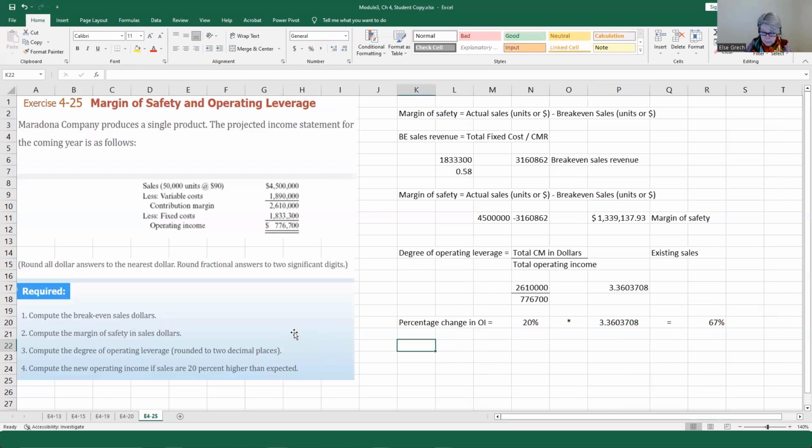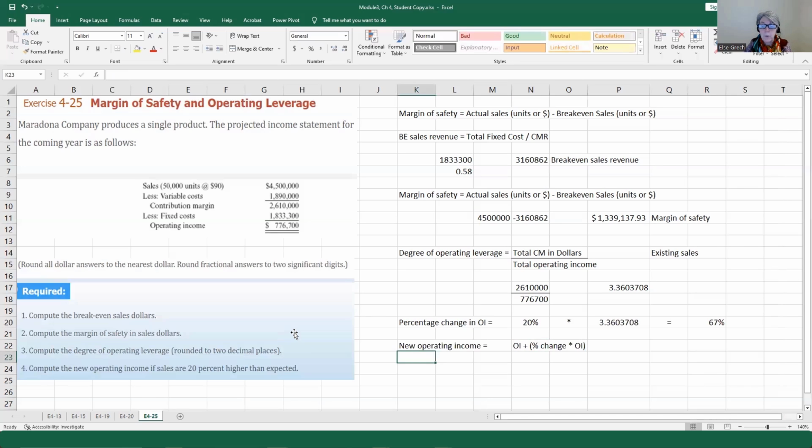So now I'm going to say new operating income. What is it equal to? It's equal to the operating income to begin with plus the percentage change multiplied by the operating income again.